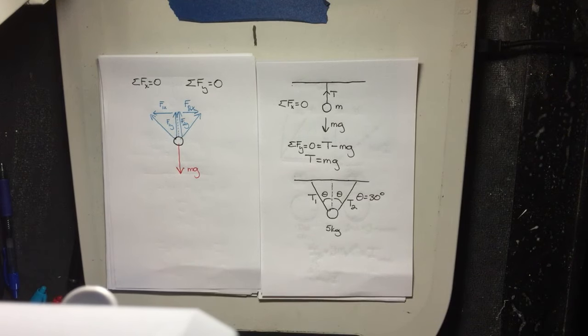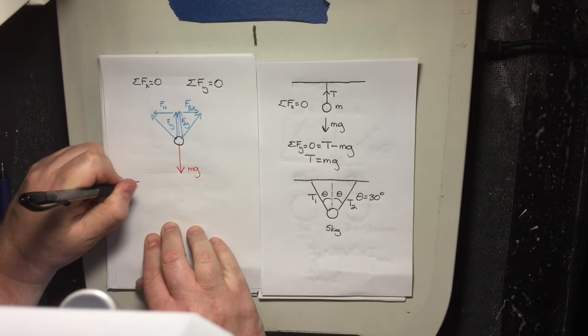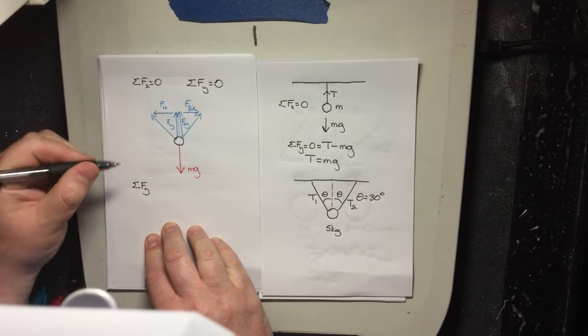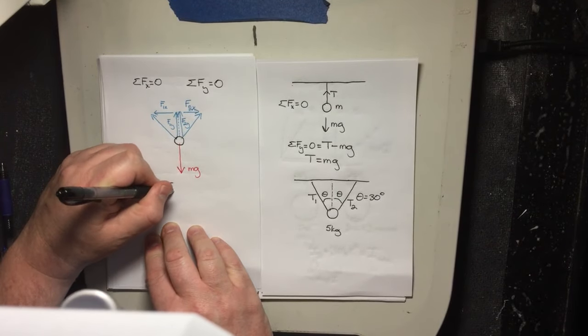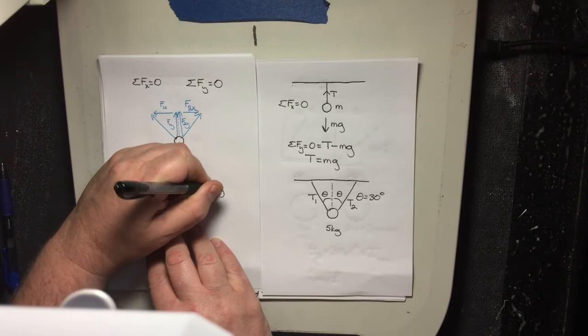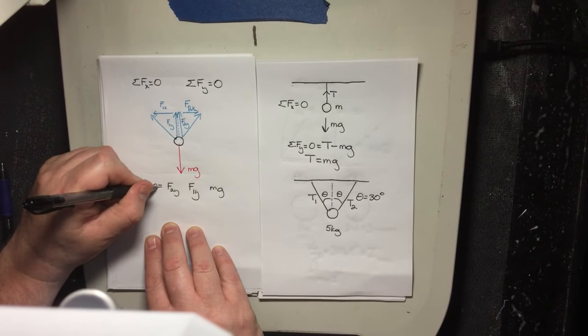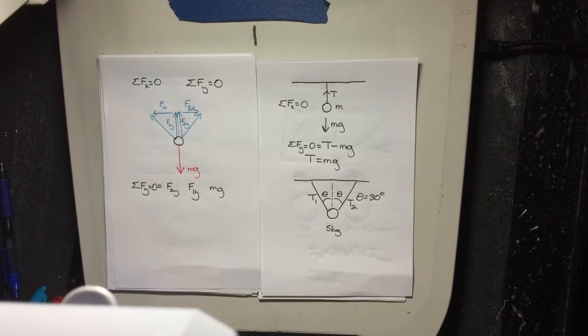Well, let's look at this some more. What are my vertical components? My vertical components are F2y, F1y, and mg. Those forces sum to 0. Now for F2y and F1y, this is one of the reasons why I don't use g as -10, I use g as a magnitude.